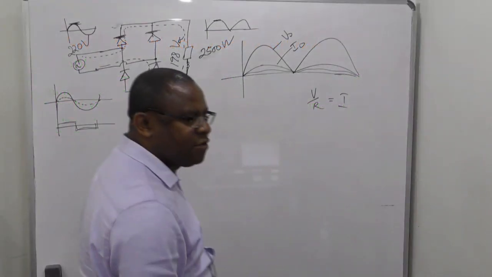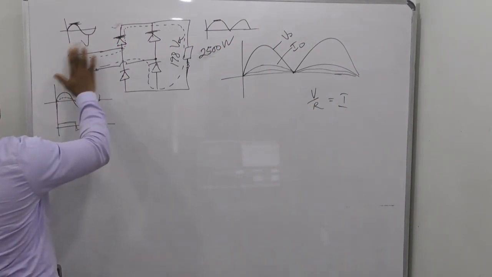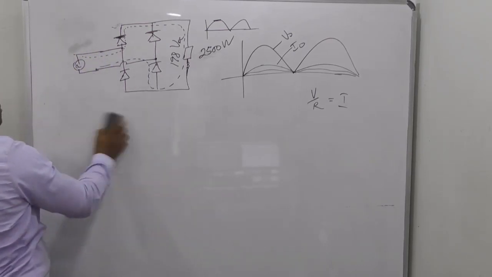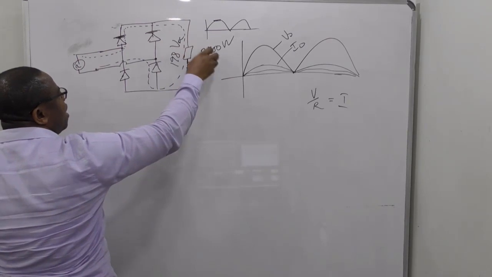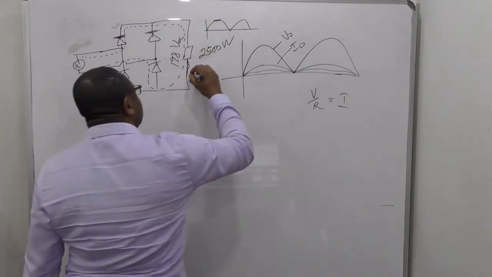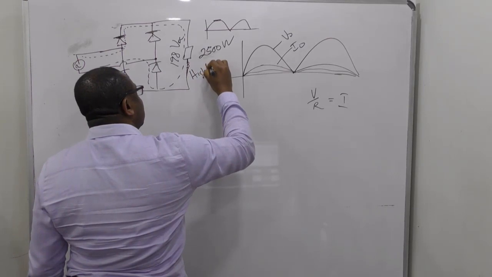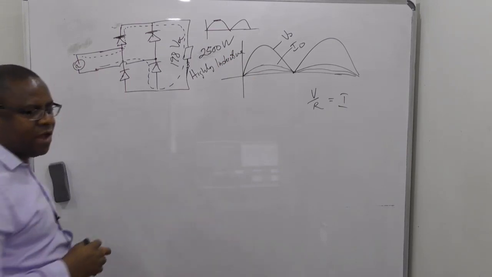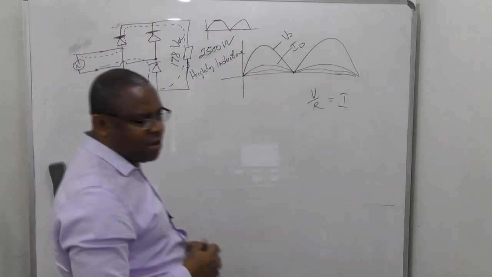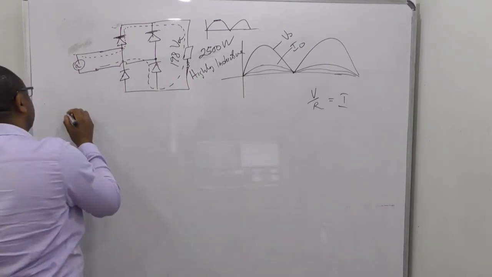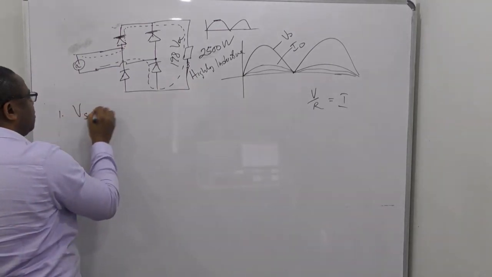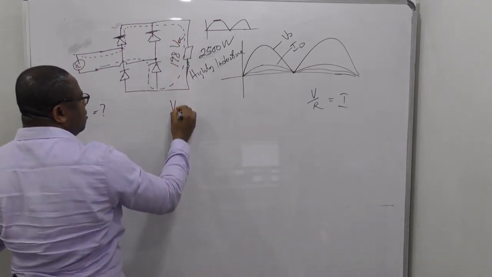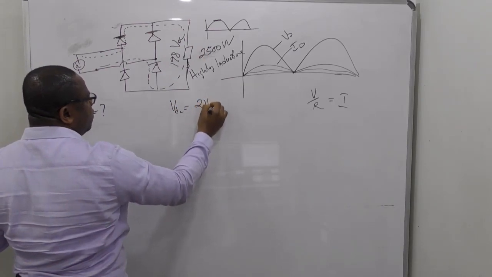So you are given this question. In this case, the source voltage you don't know. You are only given the VDC and the power, and they say that this is highly inductive, and you're asked to calculate the supply voltage, Vs. Since you are given this, you know already that VDC is 2Vm over pi.